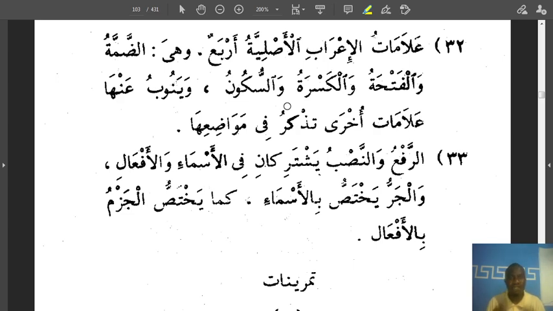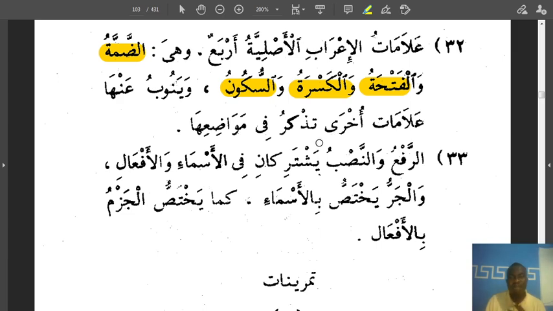So it says Alamatul I'rab al-Asliyatu 4. The basic markers of I'rab are 4. Wahia ad-Dammatu, which is al-Rafu, al-Fathatu, which is al-Nazb, and then al-Kasratu, which is al-Jar, and then al-Sukun, which is al-Jazm. It says Wayanubu anha, and these signs are replaced by alamat ukhra.